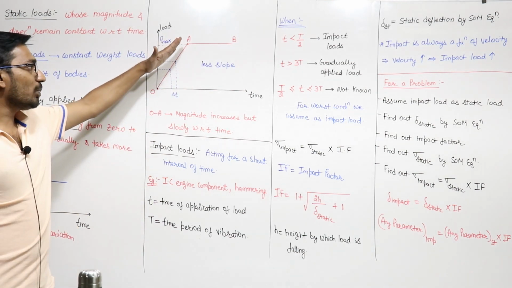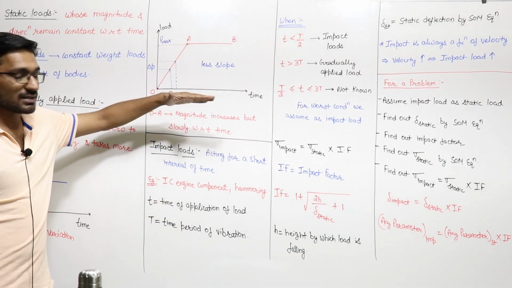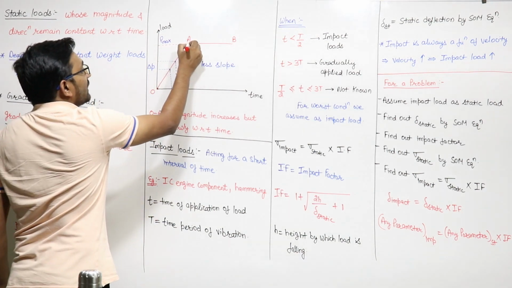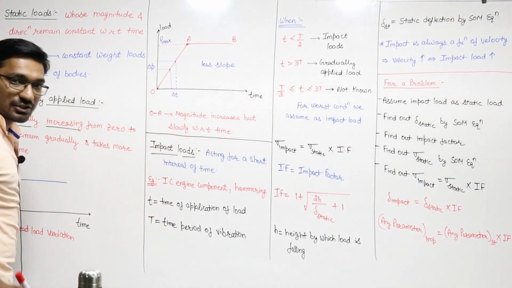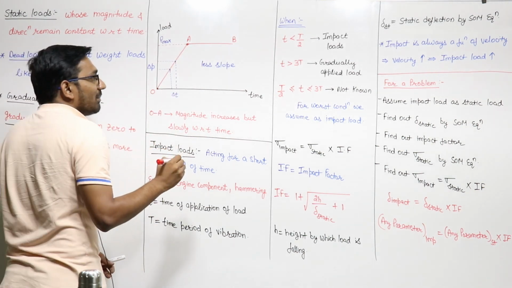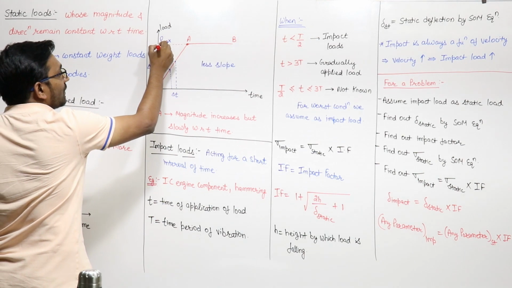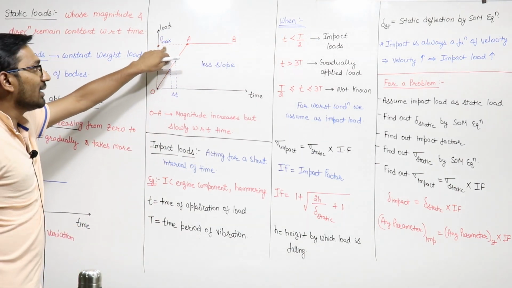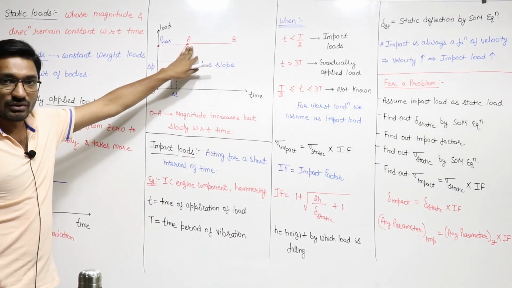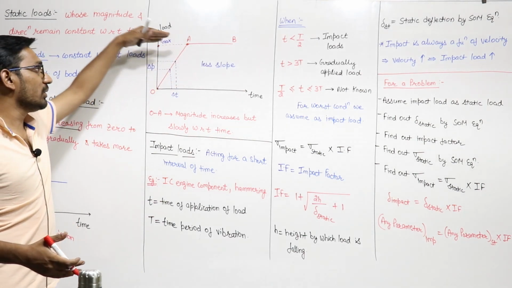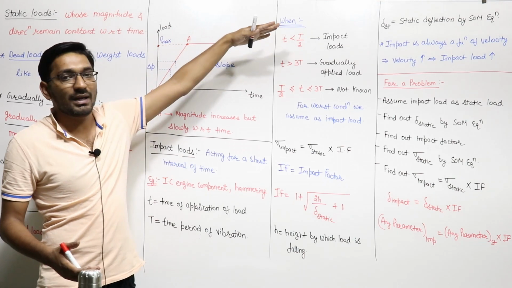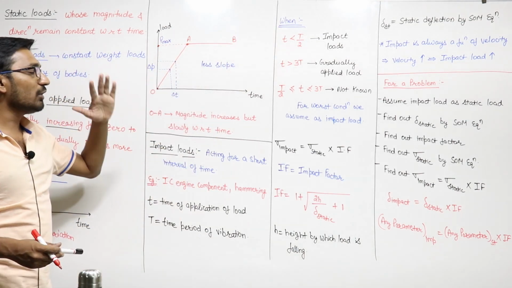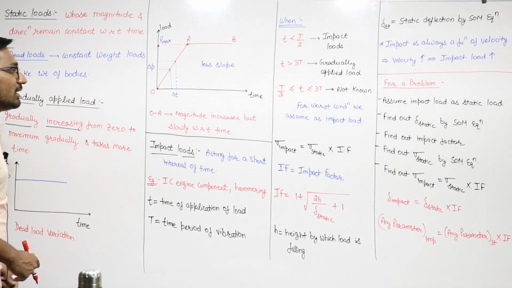That means the slope of this line is very, very less, right? At the point A, the load reaches its maximum magnitude value, so the load corresponding to point A is your P max, and after reaching the maximum magnitude, the load magnitude will remain constant throughout the time. So this type of load is known as gradually applied load.